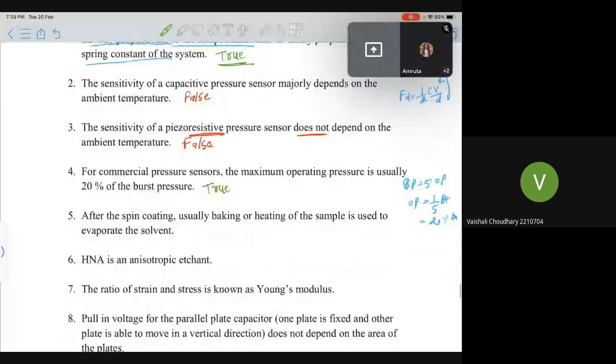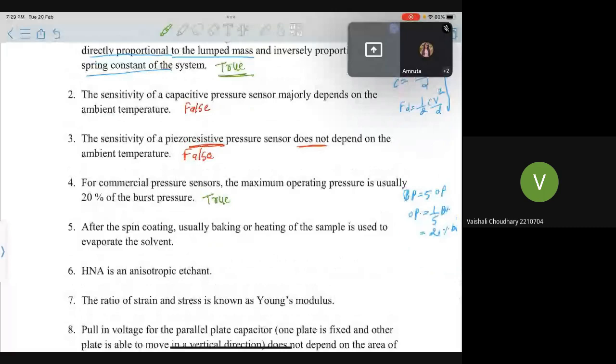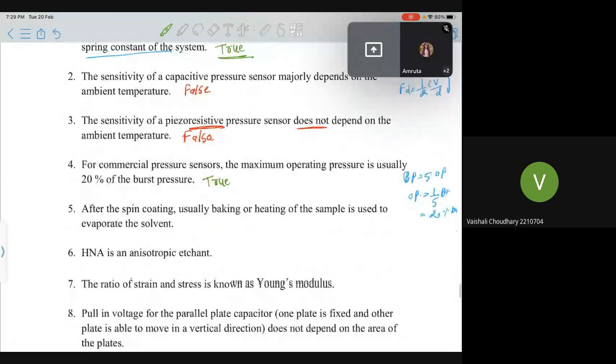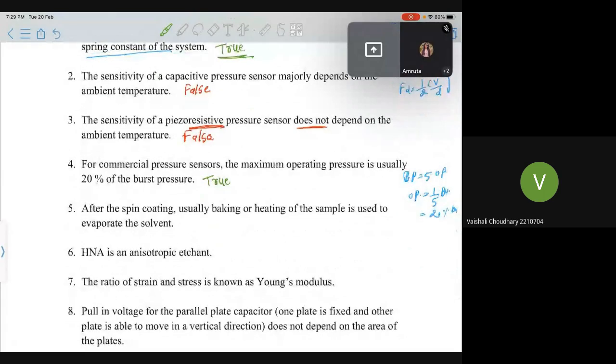So we have seen question number 4, which is for commercial pressure sensors: the maximum operating pressure is usually 20% of the burst pressure, right? So yes, this is true. Now the fifth question: after spin coating, usually baking or heating of the sample is used to evaporate the solvent. So yes, this is correct.